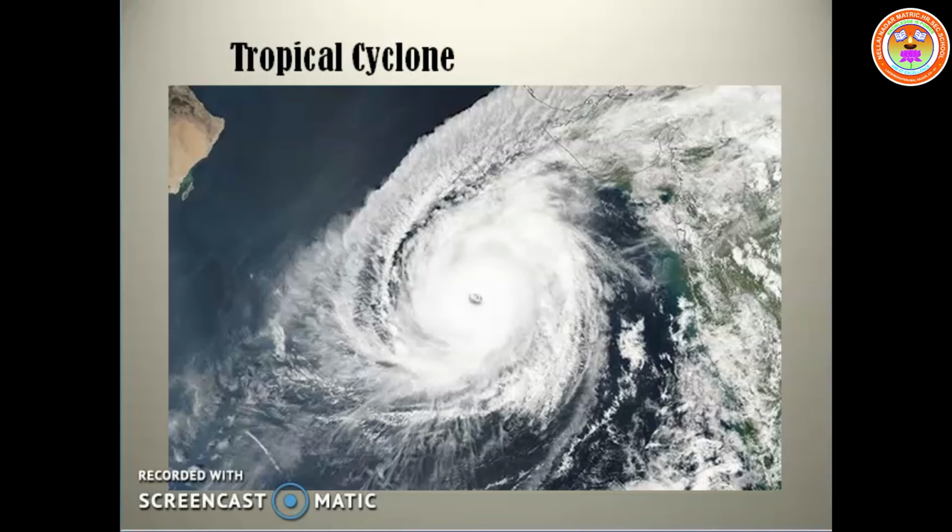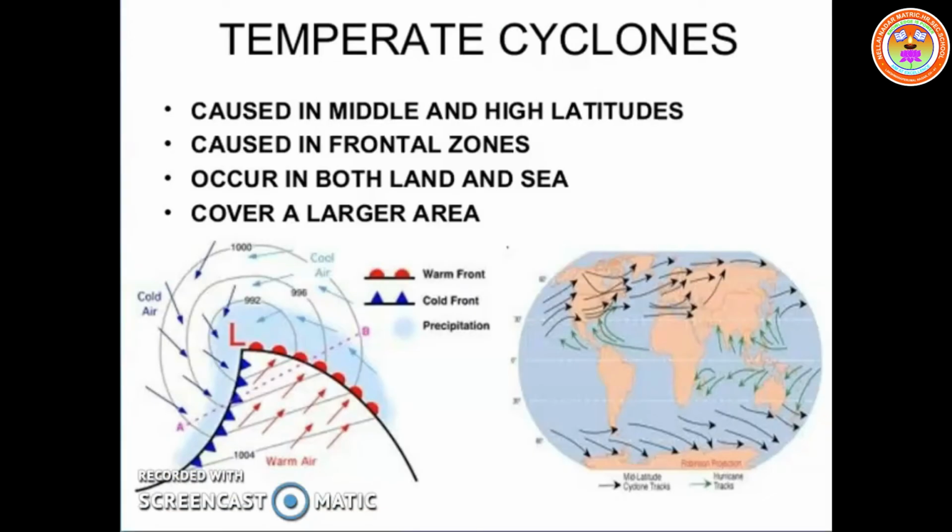Next one, temperate cyclones. Temperate cyclones are formed along a front where hot and cold air masses meet in the mid-latitudes between 35° and 65° north and south. Temperate cyclones do not become weak like tropical cyclones on reaching the land.